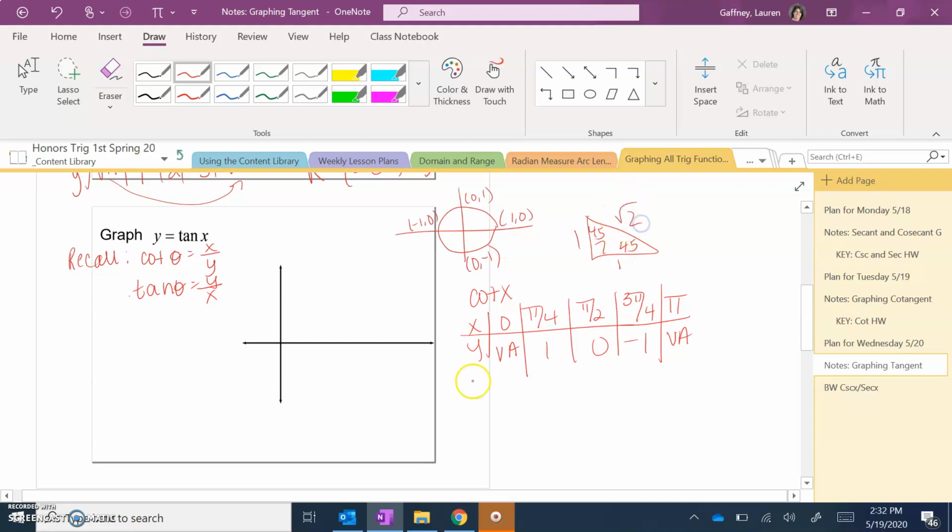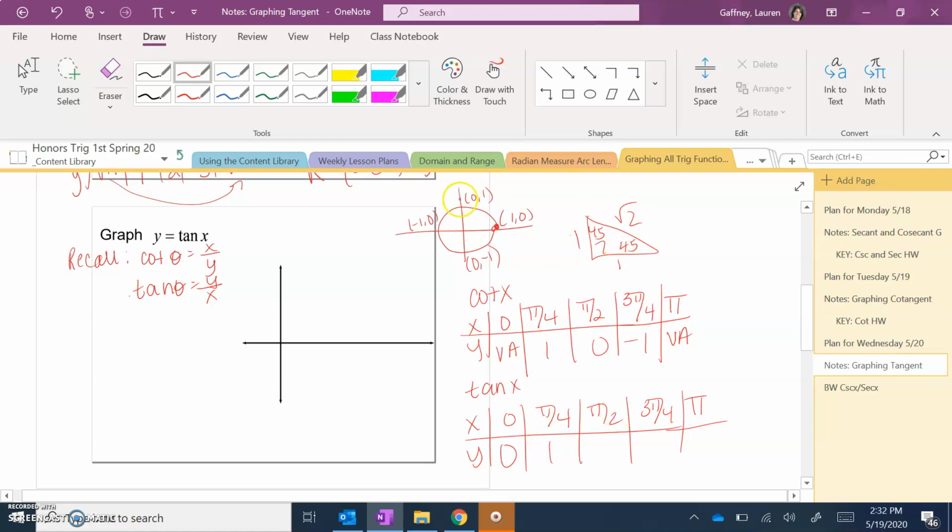Okay, so now let's look at values of tan. If you look at tan of 0, so 0 would be here, and remember that tan is y over x, you would have gotten 0. You would do pi over 4, which is 45 degrees for tan. Tan is opposite over adjacent, you would have gotten 1.